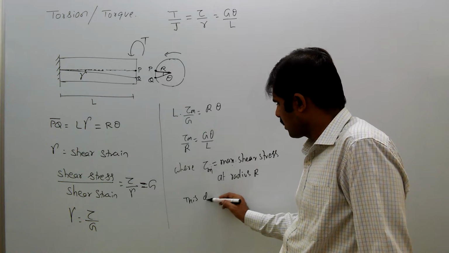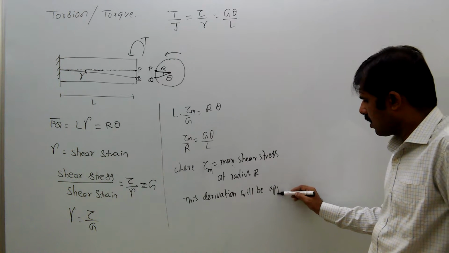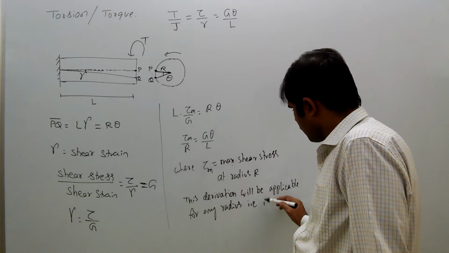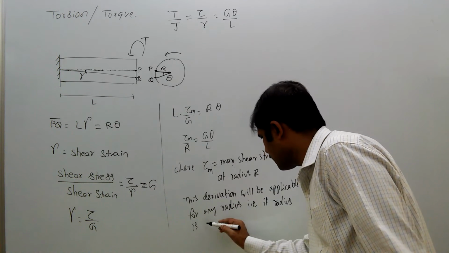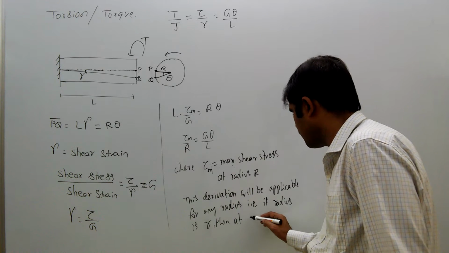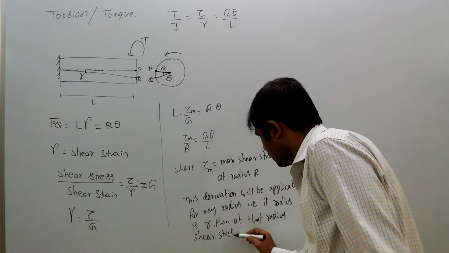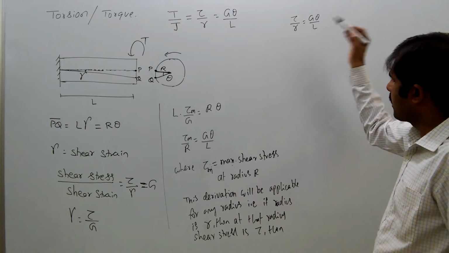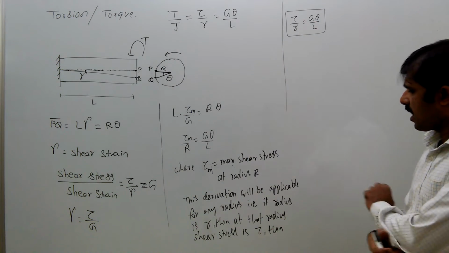If the radius is small r and the shear stress at that radius is tau, then tau by small r equals G theta by L.